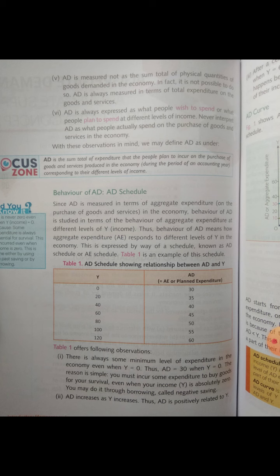Clear? Exactly how much we are spending on a particular good or all goods and commodities, we cannot measure. What we measure is how much we wish to spend or plan to spend at different levels of income. This is measured in AD.